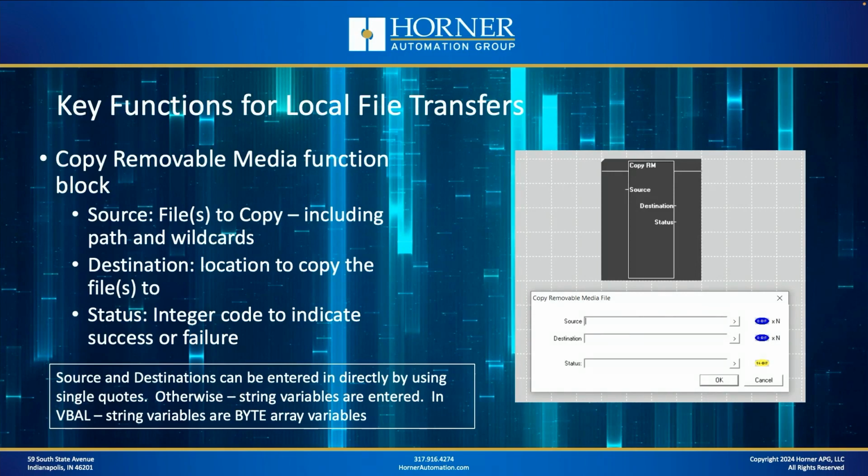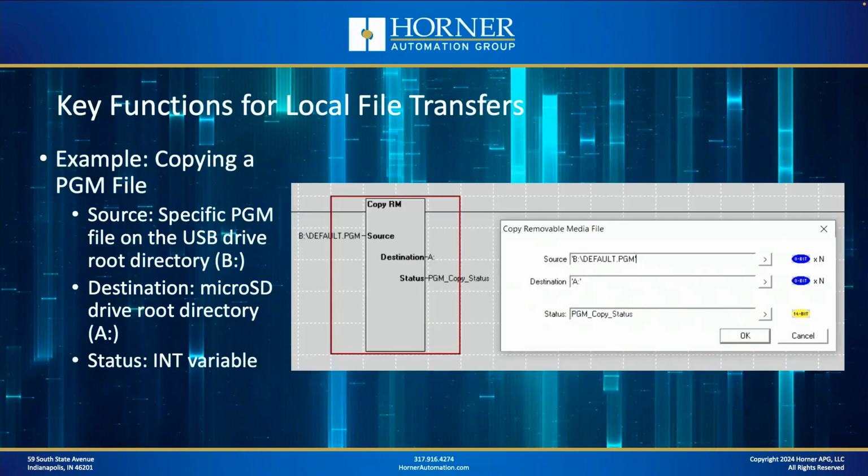Now, if you use variables for source or destination or both, then for variable-based advanced ladder, that means byte arrays, so byte array type variables. If you're talking about register-based ladder, then those are just going to be register references, which can contain up to 2 characters per 16-bit register. So if you had a string of 10 consecutive registers, that would give you the ability to handle a string with up to 20 characters long.